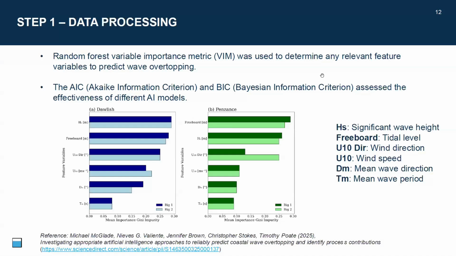As you could see on the bar graph on the left-hand side, you could see the important features for wave overtopping prediction on the 2 rigs in Dawlish, right? In the same way, you could see our relevant variables for the 2 rigs in Penzance. And on the right-hand side of the slide, you could see the list of all our relevant variables that were used for our machine learning models.